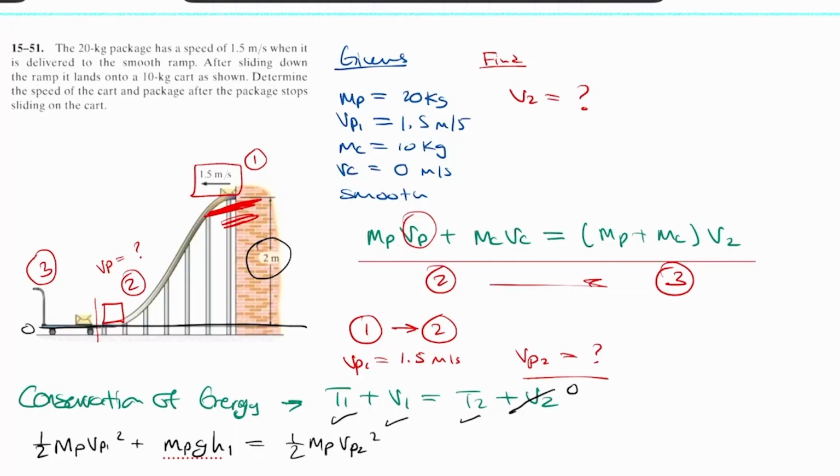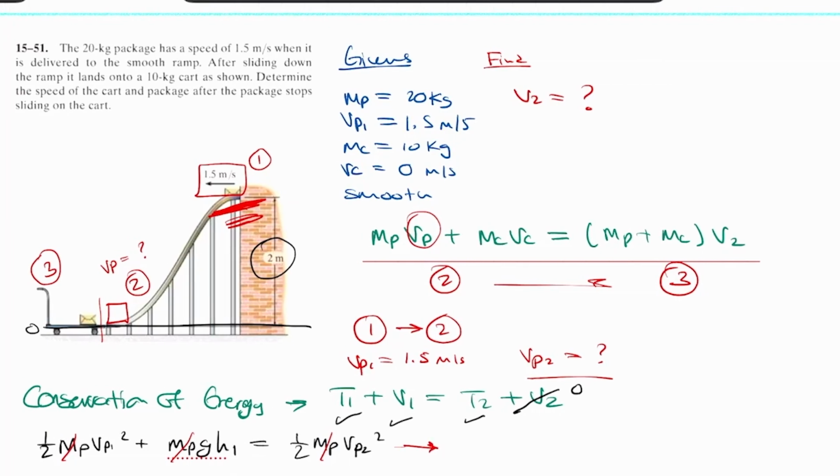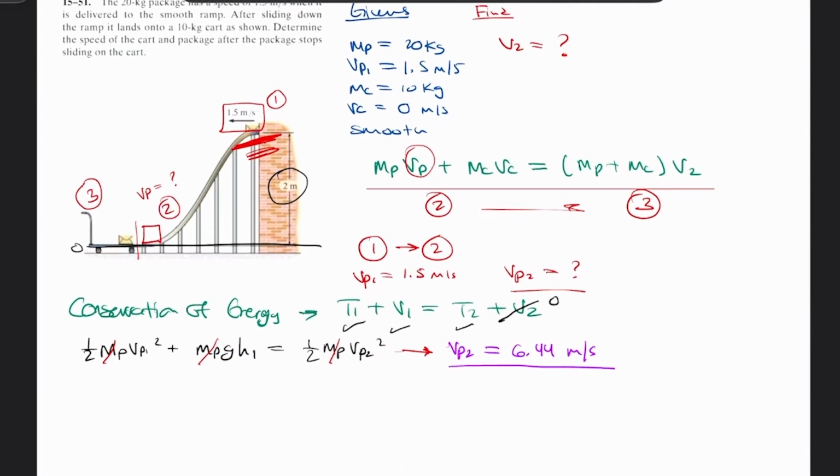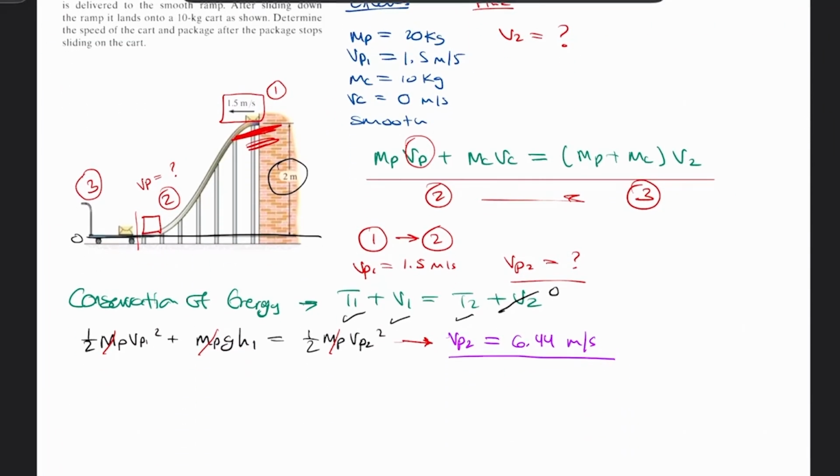Notice they all have the same mass, so we can cancel the mass of the package. And we will be able to figure out from here V2, or velocity of the package 2, as equal to 6.44 meters per second.